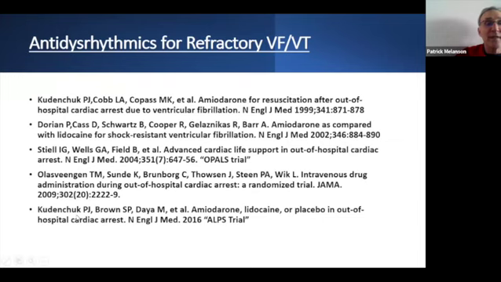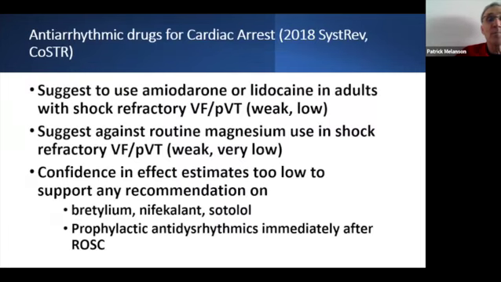And the last study, again, was Kudenchuk's ALPS study that showed both amiodarone and lidocaine did lead to an increased incidence of ROSC. There certainly wasn't enough data to say that one is superior to the other. Again, no evidence for higher level survival as of yet.